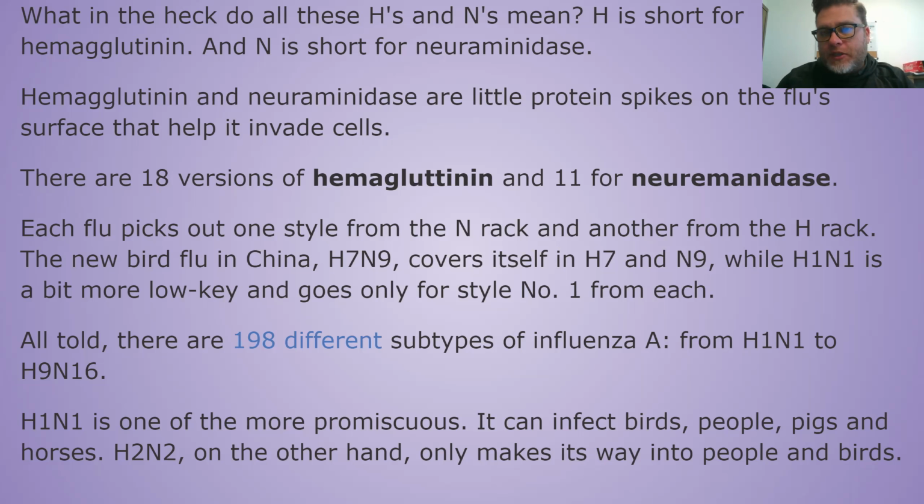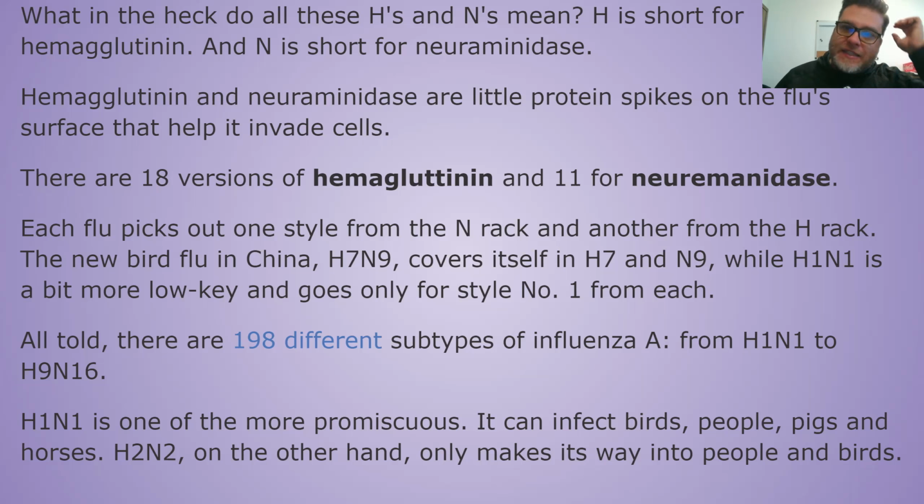That's pretty much what influenza does as well. When a new strain develops, it picks how many hemagglutinin proteins and how many neuraminidase proteins it has. So when we say H1N1, it has one hemagglutinin protein and one neuraminidase protein.